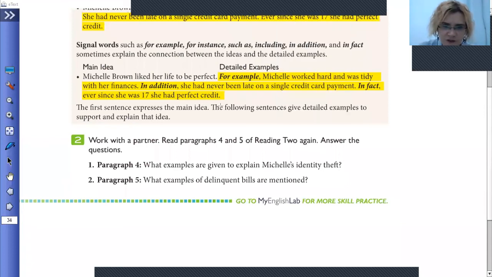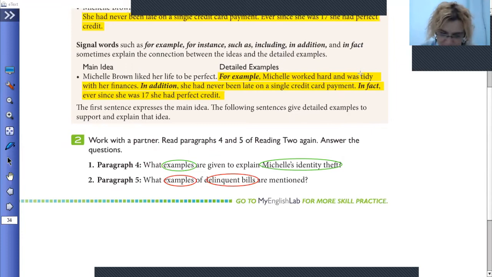To see the keywords. So in this case, we definitely would look at examples. Examples, Michelle's identity theft. So you're going to look for examples that show Michelle's identity theft. This one, examples, delinquent bills, basically this.